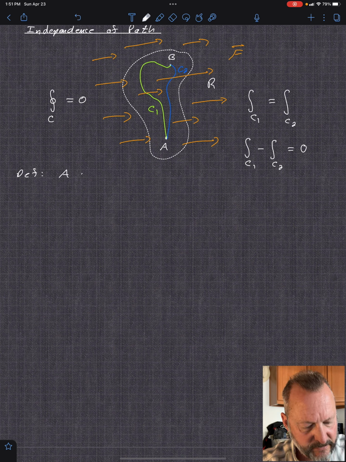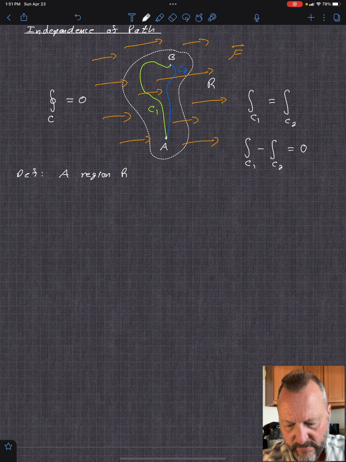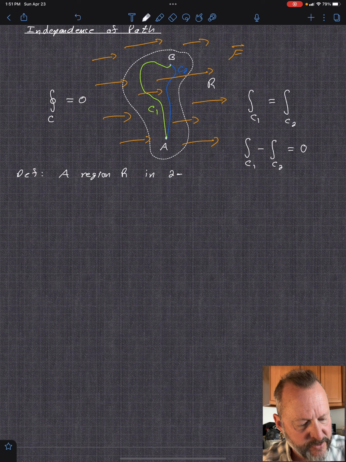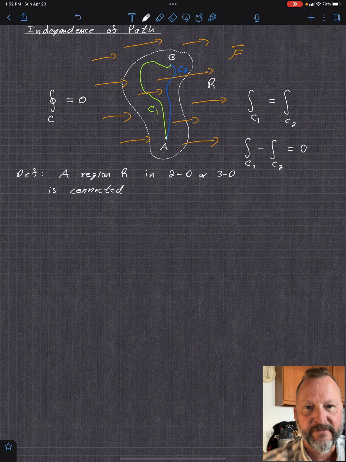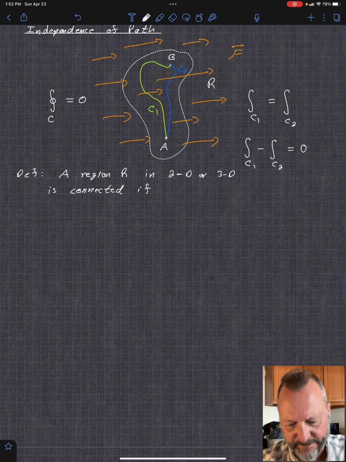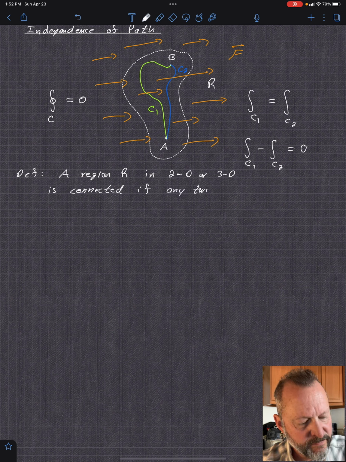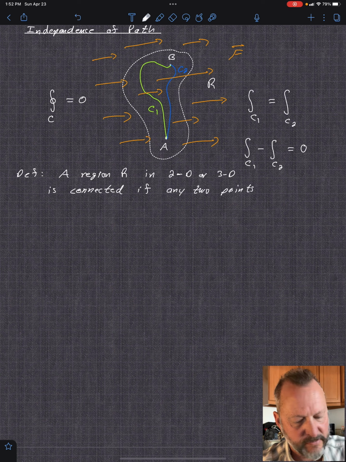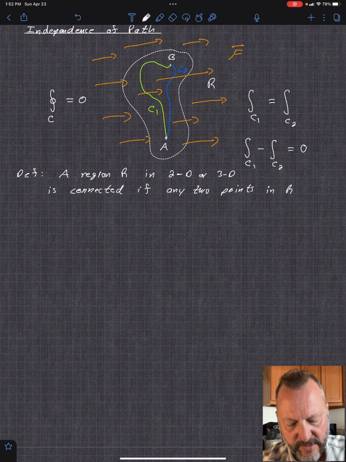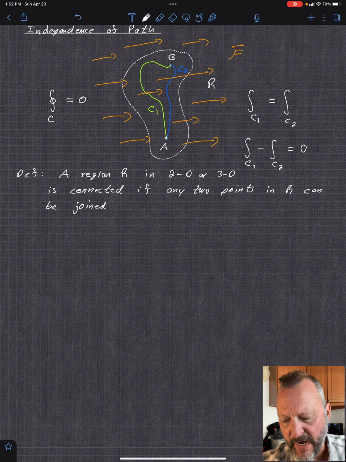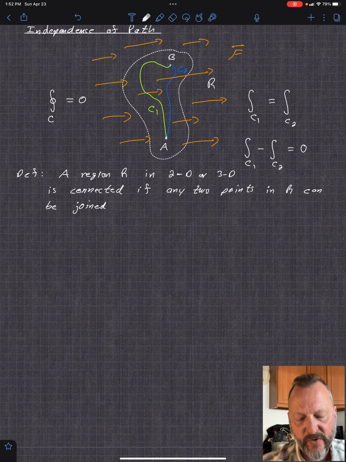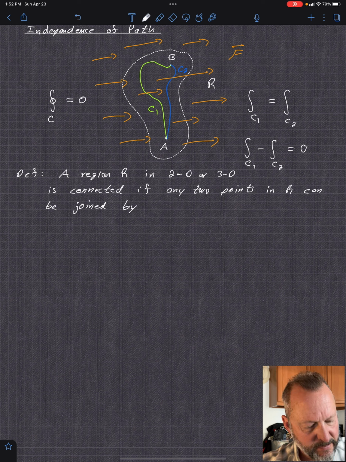A region R in 2D or 3D is connected, we're defining connected first, if any two points in R can be joined by a piecewise smooth curve lying entirely within R. It can be bouncy and stuff.